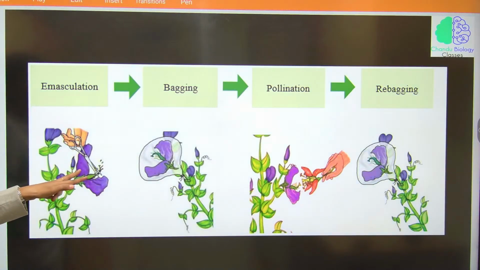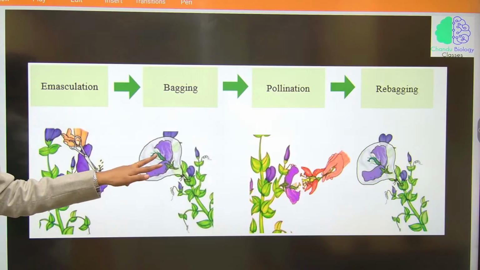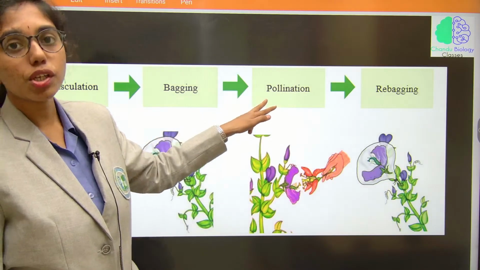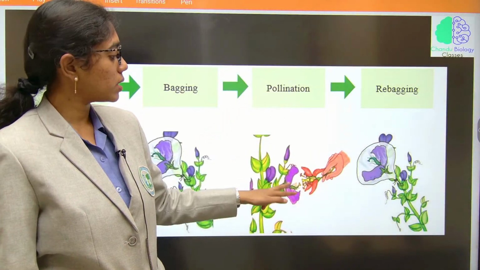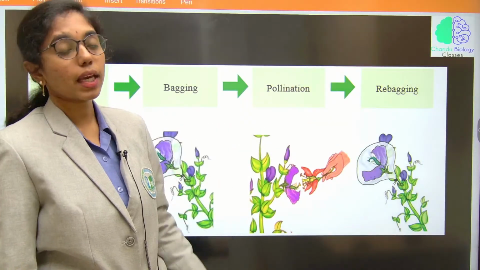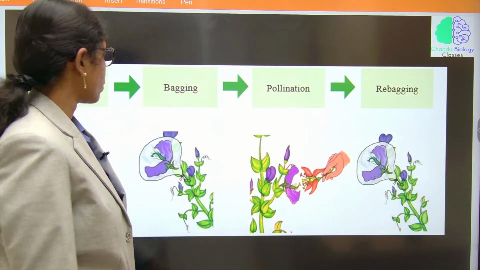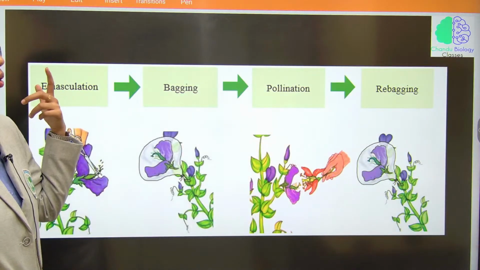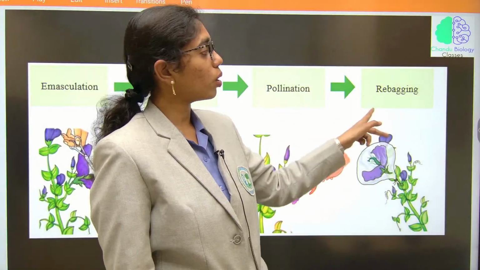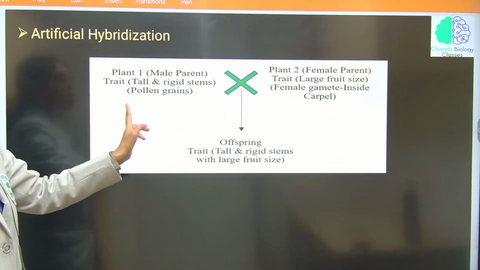After emasculation they are bagged so that outside pollen will not fertilize the female reproductive structure, post which pollination is done with our desired male gametes, and after which rebagging is done to prevent contamination by other pollen grains. So emasculation followed by bagging, pollination by the desired male flower followed by rebagging will provide you with the desirable characters of both the parents.